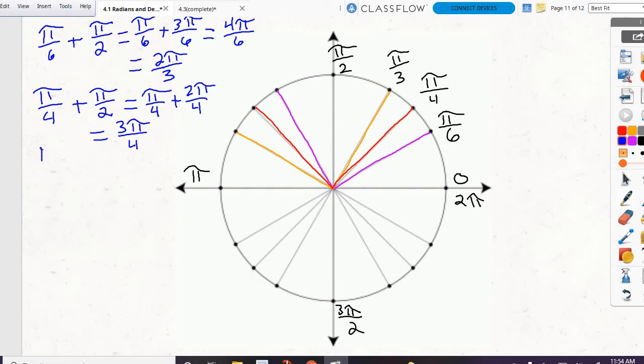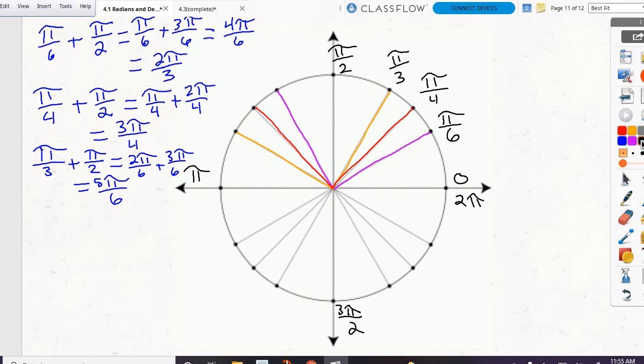And then lastly, we're going to add pi over 2 to pi over 3. So what's our common denominator this time? 6. So we get 2 pi over 6 plus 3 pi over 6, which gives us 5 pi over 6.